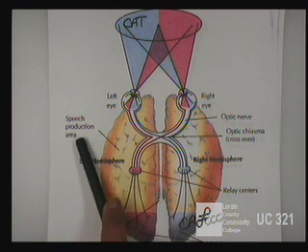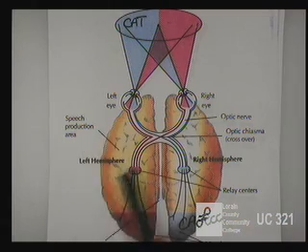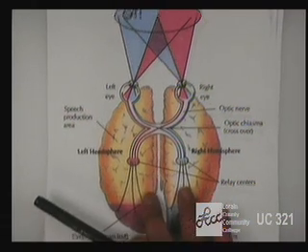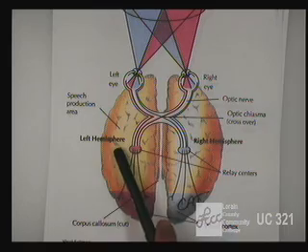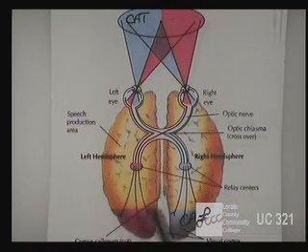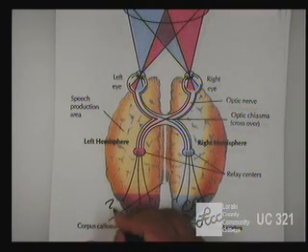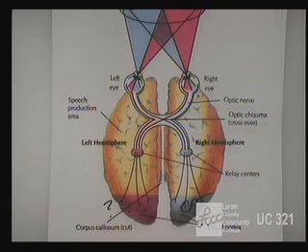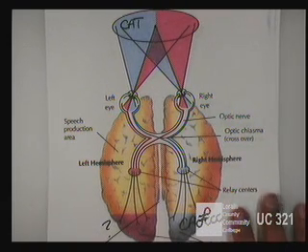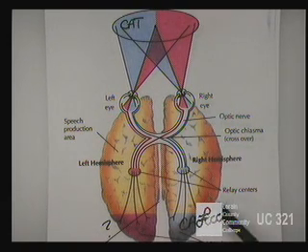Where is the language? We said earlier the language skills are located in the left hemisphere. So they're actually responding to the question using their left hemisphere. But the problem is that the left hemisphere does not have the information. The information about the cat is in the right hemisphere.